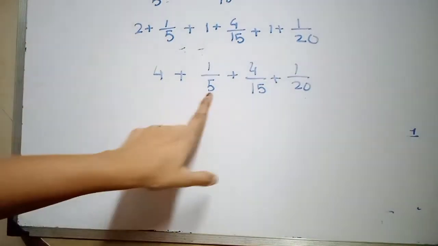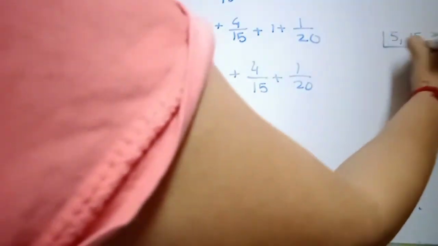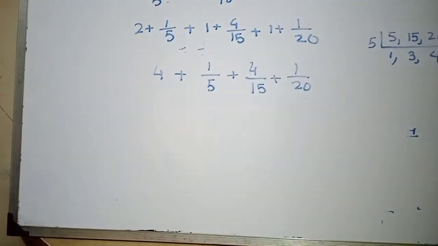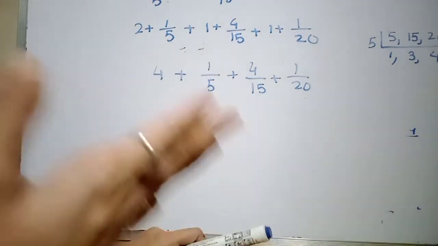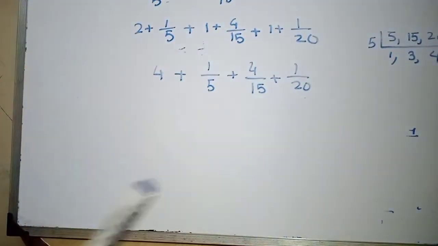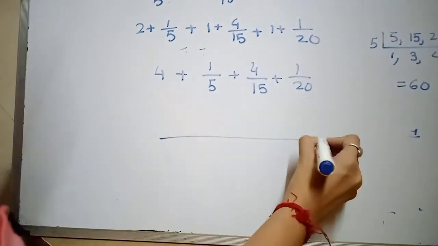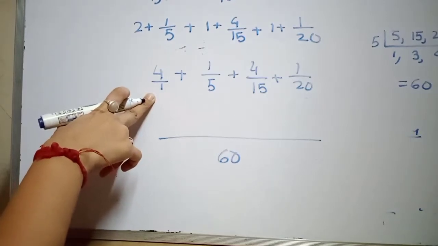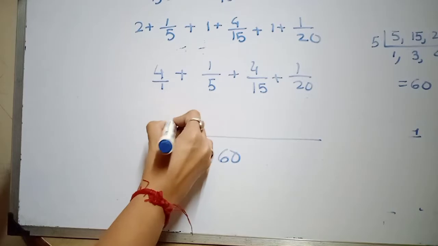Now I have to find the LCM of 5, 15 and 20. So 5, 1, 3 and 4. We know in LCM we have to take these factors also. So 5 into 3 is 15, 15 into 4 is 60. So 60 is the LCM, and I will write it here. There is nothing under this 4 in the denominator, so 4 will be multiplied with 60.